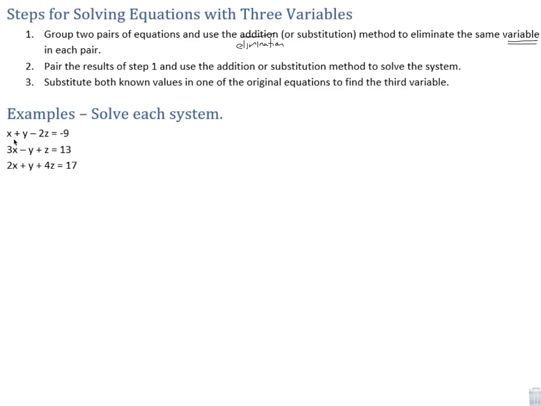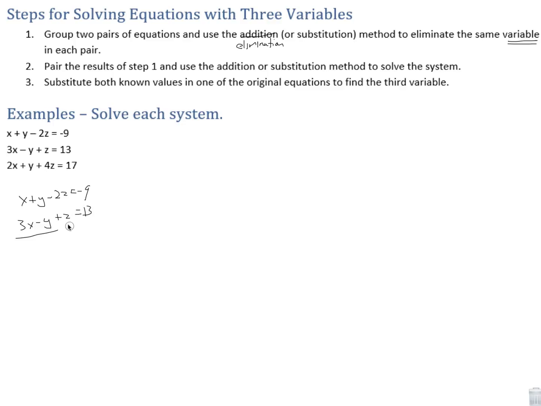I notice that here I have a positive y and a negative y, so I'm going to group those together: x plus y minus 2z equals -9, and then the second equation, 3x minus y plus z equals 13.